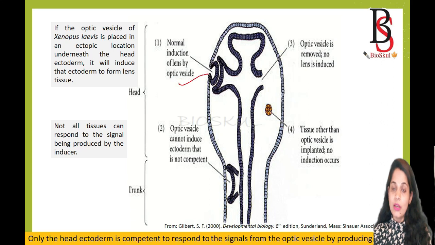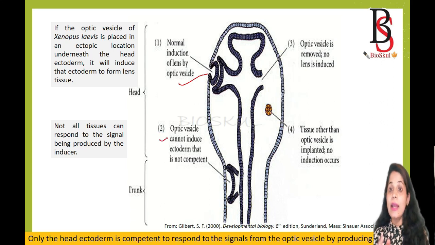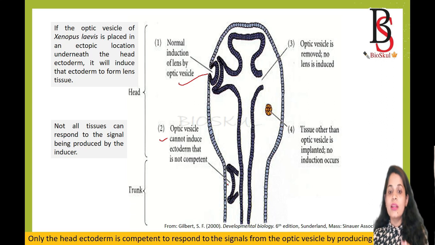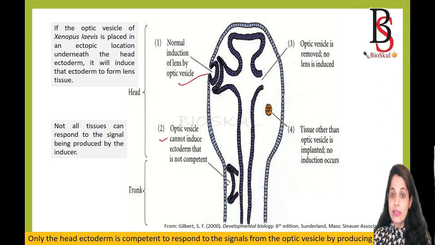The optic vesicle will form the lens, but not all tissue respond to the signal produced by the inducer. If that optic vesicle is placed in the trunk ectodermal region, then it cannot form the lens. Why? Because the trunk ectodermal region is not competent.